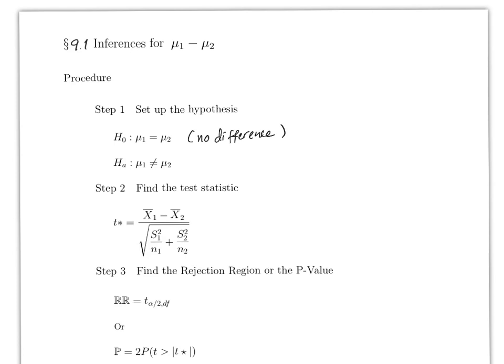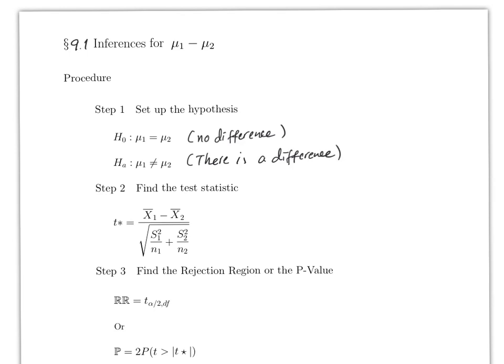Now, if you reject the claim, then that means that there is a difference between the two samples. In essence, you're comparing to see if one is better than the other, but all we really want to check in all of chapter 9 is whether the two parameters are the same or if there is a difference between the two. And obviously, if there is a difference, one will be better than the other.